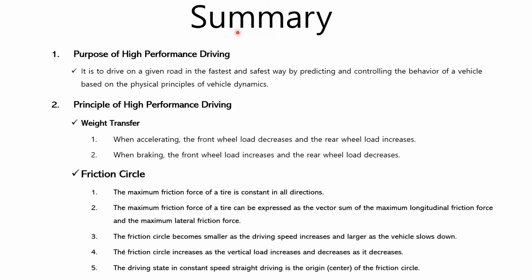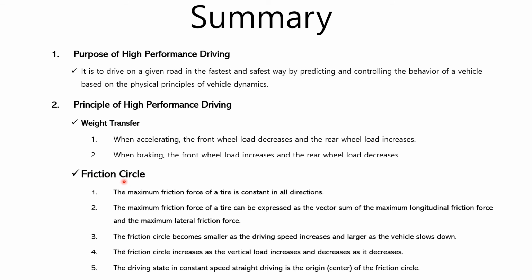Here we have the summary. The purpose of high-performance driving is to drive on a given road in the fastest and safest way by predicting and controlling the behavior of a vehicle based on the physical principles of vehicle dynamics. I explained the first part of principles of high-performance driving. As for the weight transfer, when accelerating, the front wheel load decreases and the rear wheel load increases. When braking, the front wheel load increases and the rear wheel load decreases.